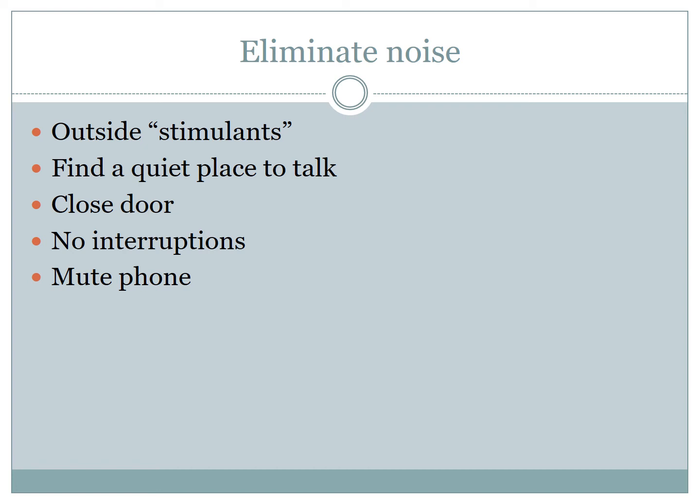Closing the office door to maintain privacy. Minimizing interruptions. Don't have people walking in and out. Muting your phone, and this should be both your office phone and your personal smartphone or cell phone. And we'll revisit some of these points next week when we discuss how to handle difficult discussions and conversations, but keep those in mind.